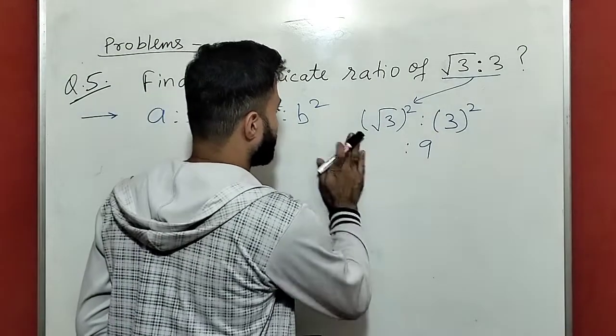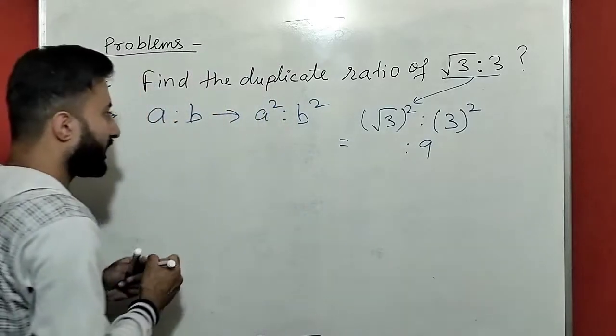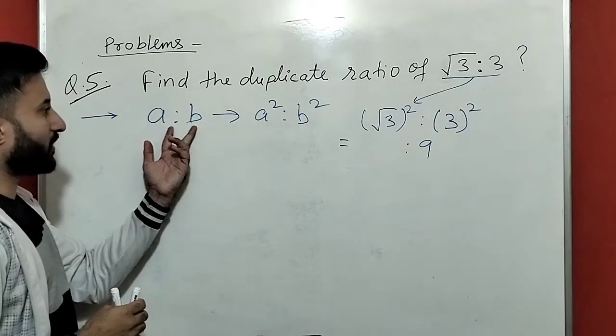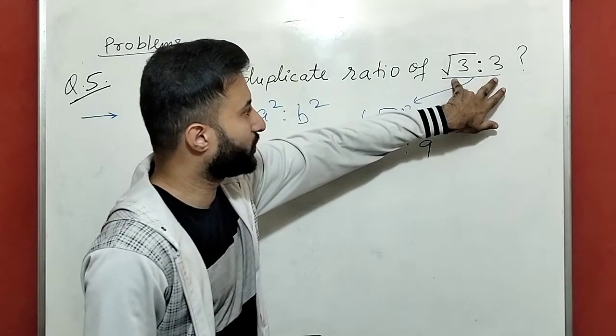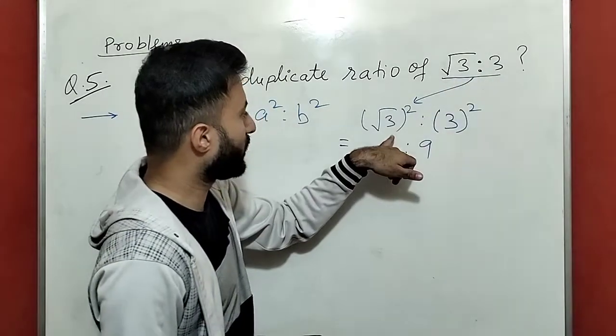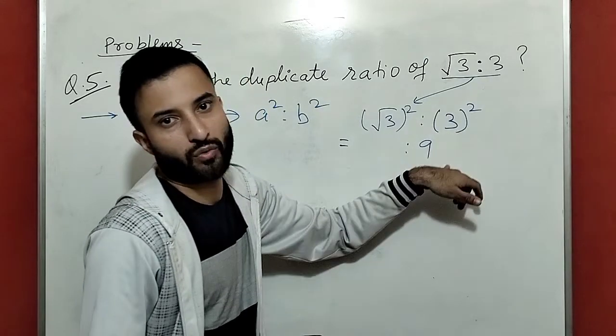See it here. You have to find the duplicate ratio, which means the square of the given ratio. The ratio is root 3 is to 3, so root 3 square is to 3 square. 3 square is 9.